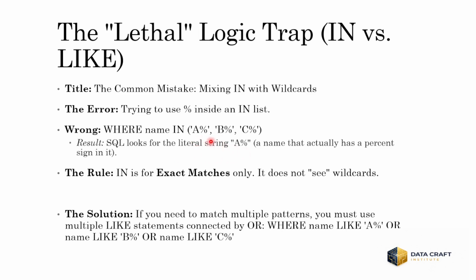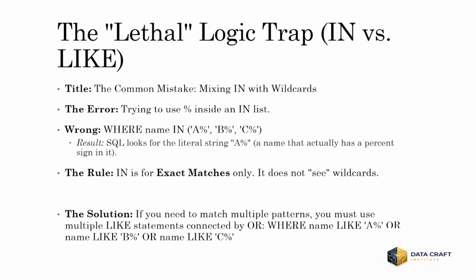So this expression in the IN clause will not work correctly. Instead, you need to use the traditional way, where name LIKE A percentage or name LIKE B percentage or name LIKE C percentage. You cannot use LIKE and IN together like this. Generally you will have to use the old fashioned way using the OR operator.